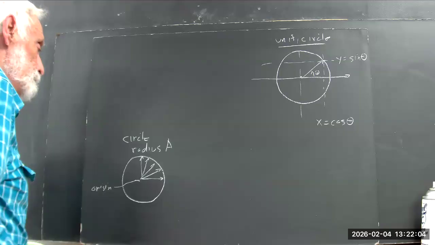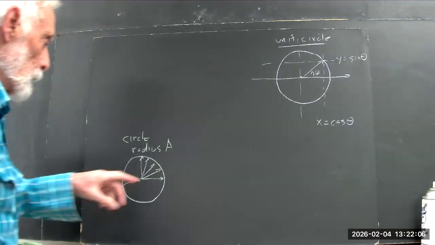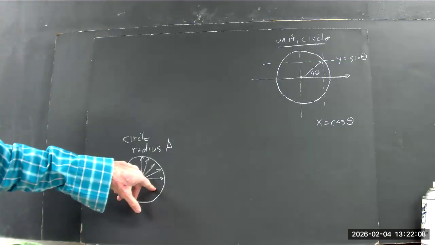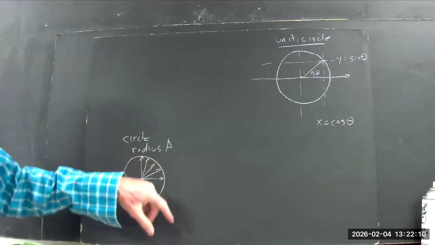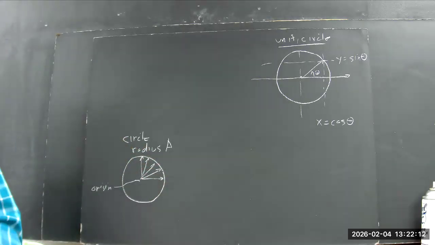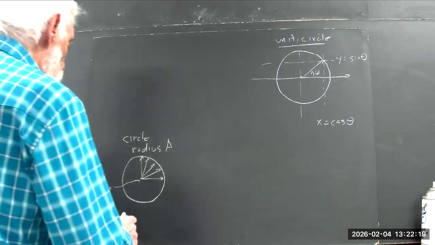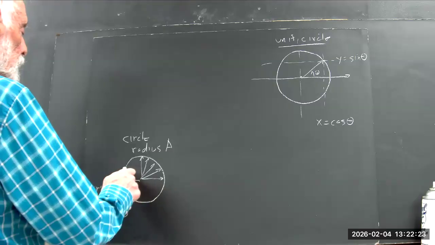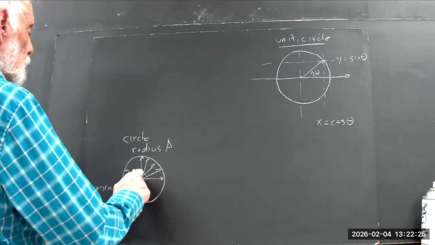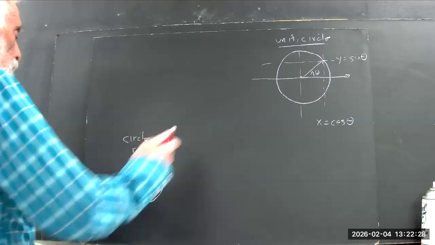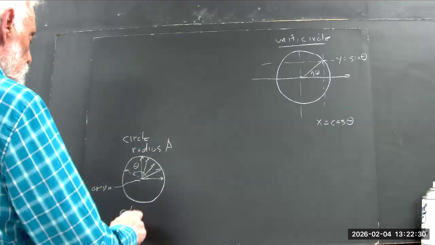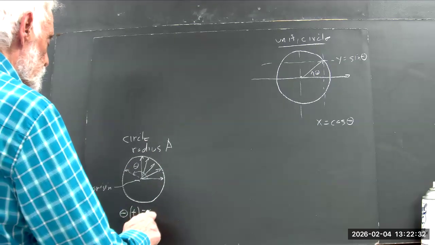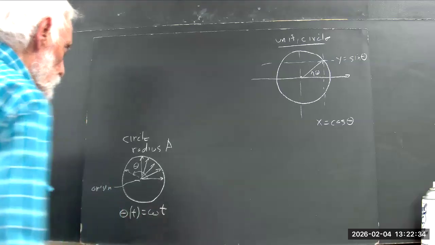Here's the origin, that represent the position of a point moving around this circle with a constant angular velocity. Okay. So that theta, which is the angle of wherever you are, here's theta, is a function of t, and it's equal to omega t.